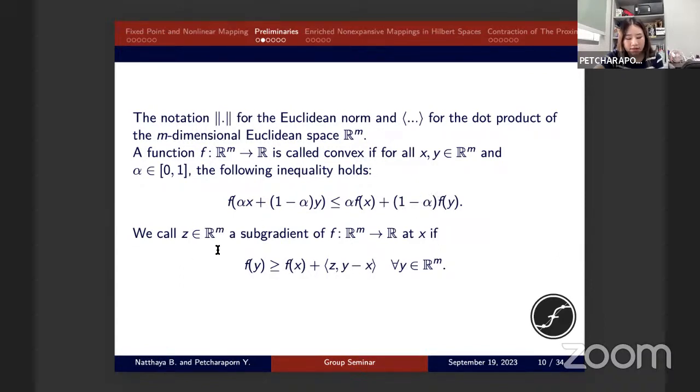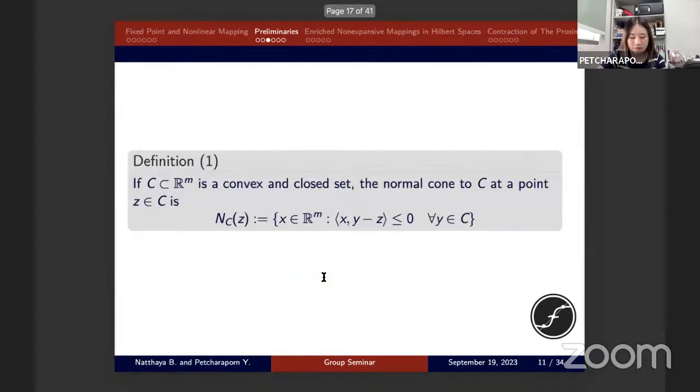We call z in Rm a subgradient of this function at x if f of y greater than or equal to f of x plus inner product of z and y minus x for all y in Rm. And next definition, normal cone: if C subset of Rm is a convex closed set, we define a normal cone to C at a point z in C as N_C of z defined like this.